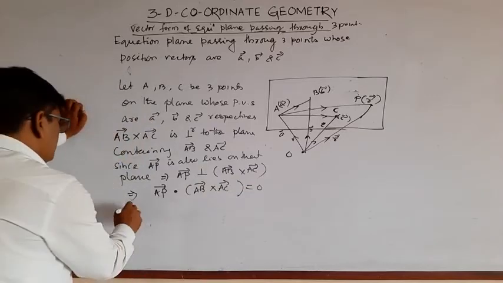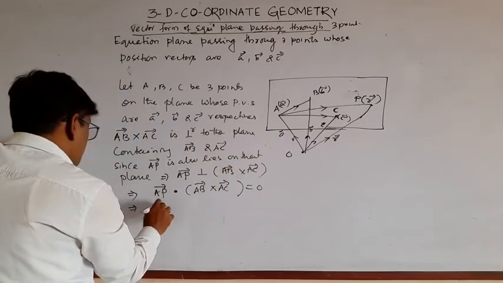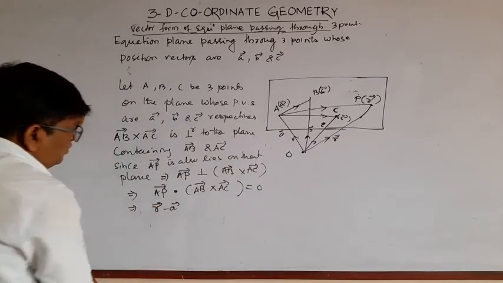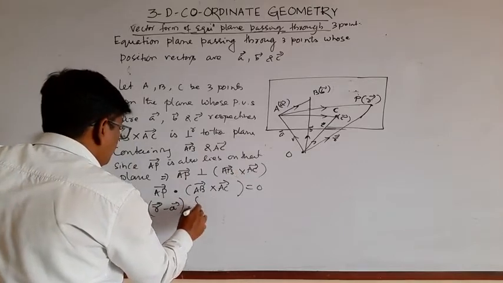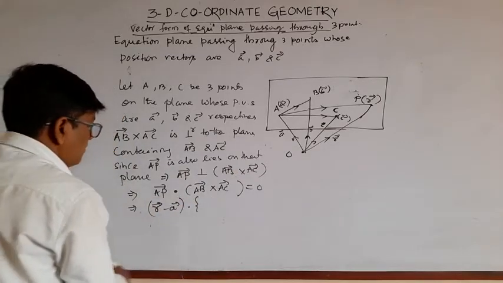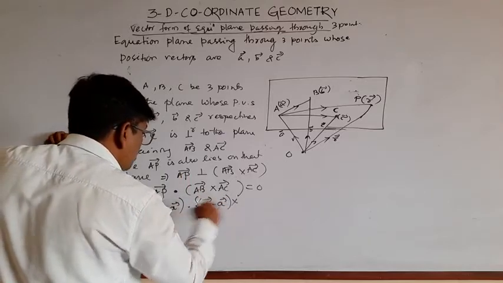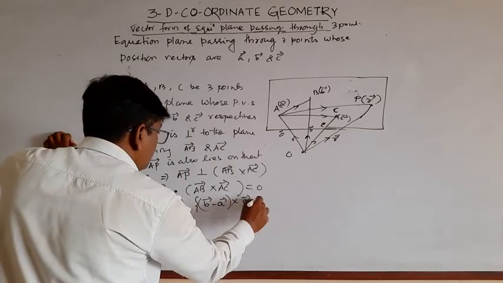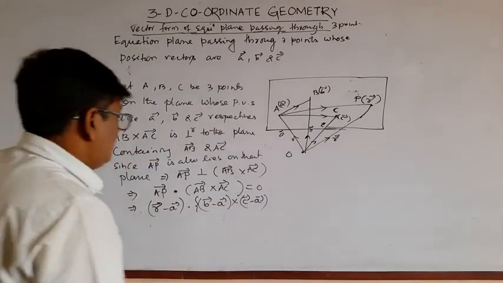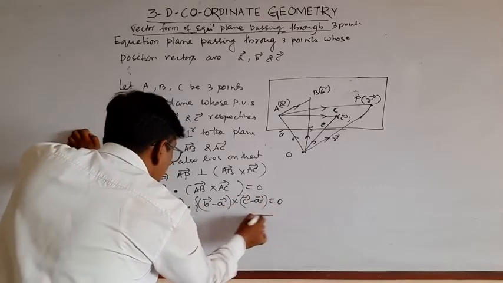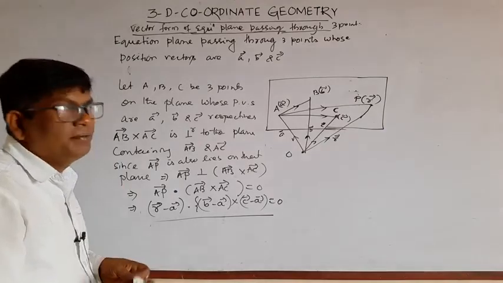AP vector means R vector minus A vector, dot AB vector, which is B vector minus A vector, cross C vector minus A vector, is equal to 0. This is the vector equation of the plane.